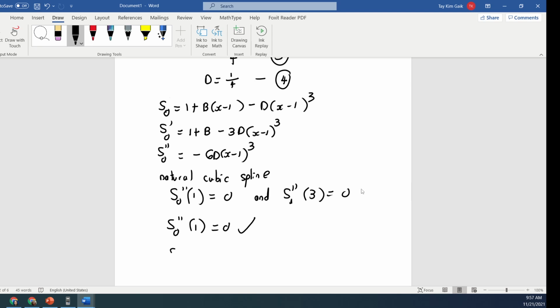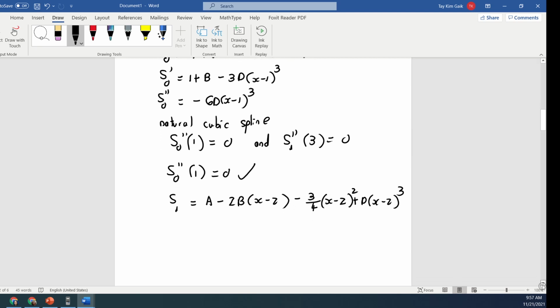Then we check S1, which is 1 minus 2b(x minus 2) minus 3 over 4(x minus 2) squared plus d(x minus 2) cubed, up to the cubic term.